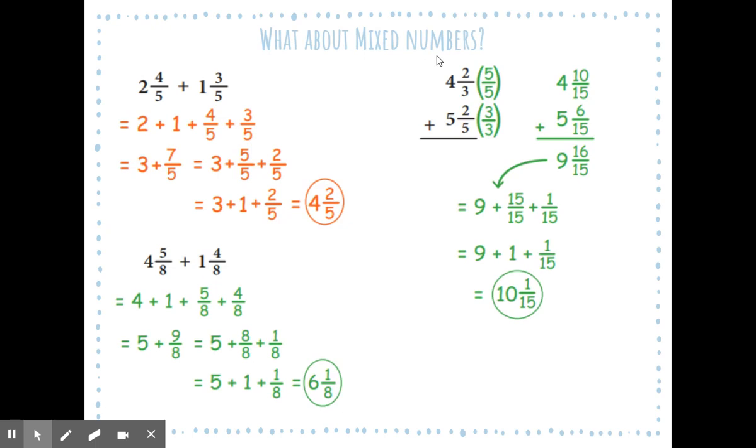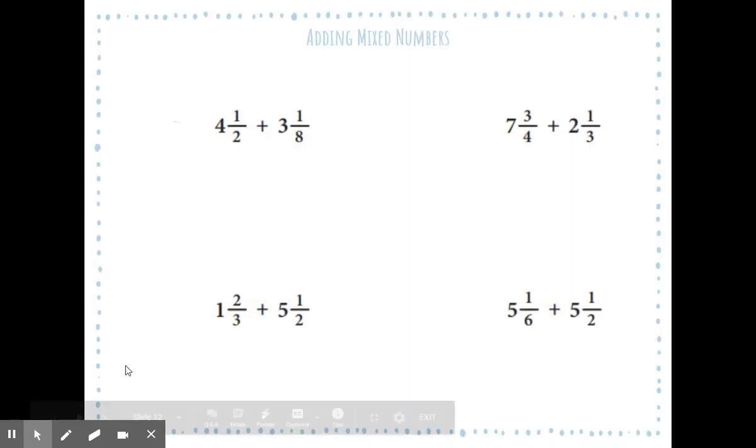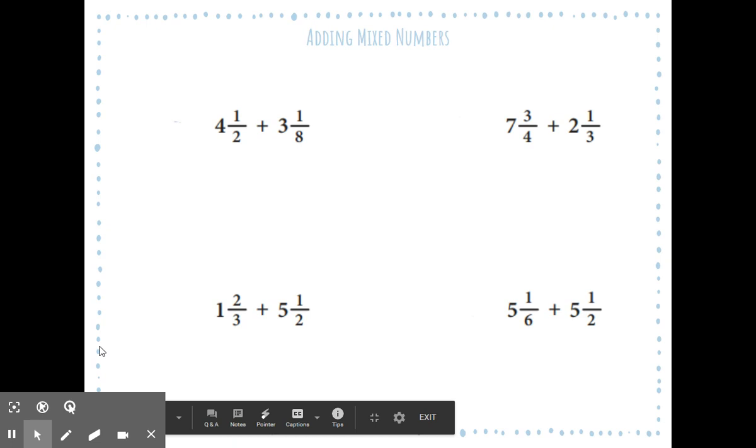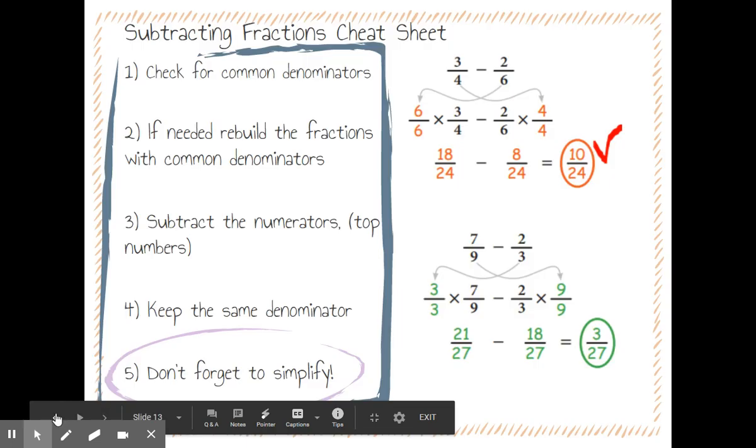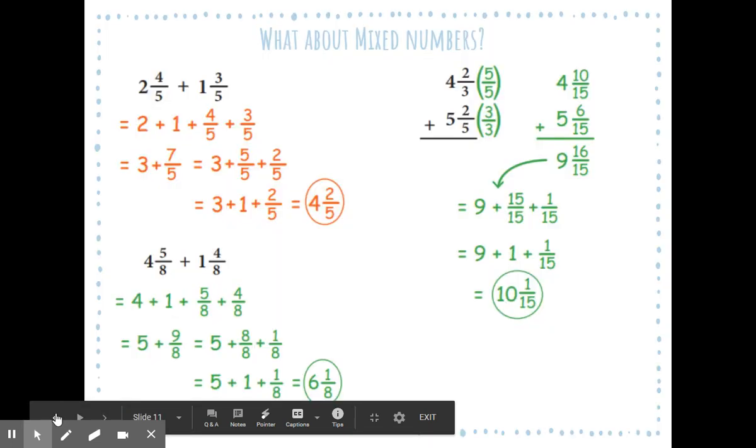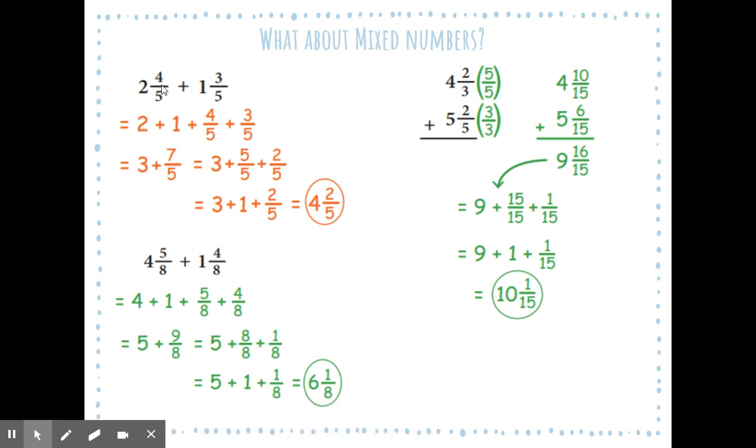Okay, but what about mixed numbers? Now I have to back the train up one more. For mixed numbers, did it look like here that I changed those mixed numbers into improper fractions? I did not. Look, I took 2 4/5 plus 1 3/5 and I added the 2 and the 1 together.